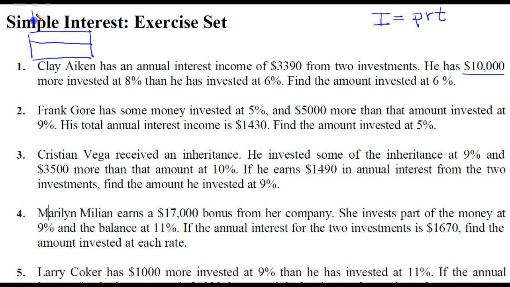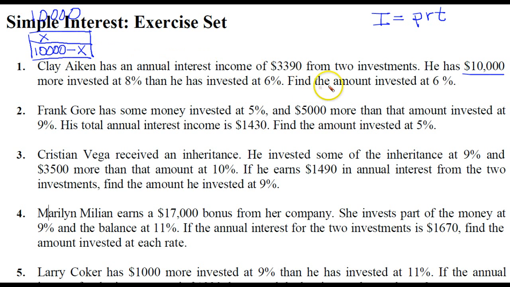So remember, if this is 10,000, this is our total investment. We want to divide it into two parts. So part of it would be X, and part of it would be 10,000 minus X. So now we have divided this 10,000 into two parts.